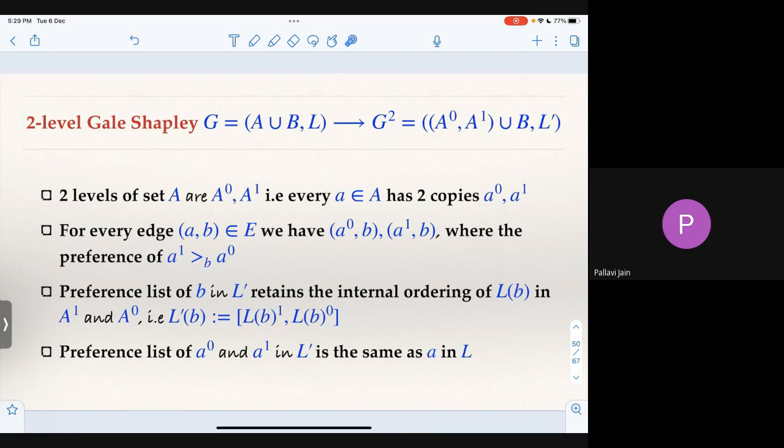Because the level 1 version of A has a higher priority in each of its neighbors' preference lists, whoever he proposes to, unless she's already holding a proposal from a first level vertex, if she's currently holding a proposal from a 0th level vertex, she will reject that and move on to the first level. So this is like giving a second chance, running Gale Shapley in a sort of tangled couple way twice.